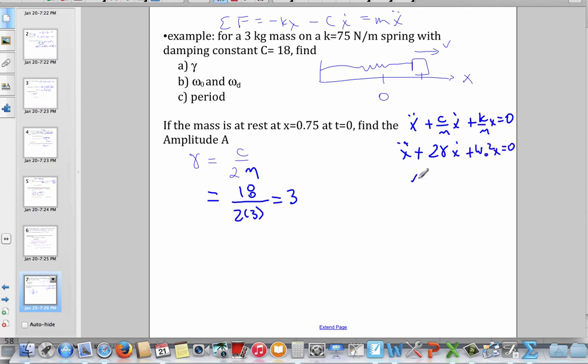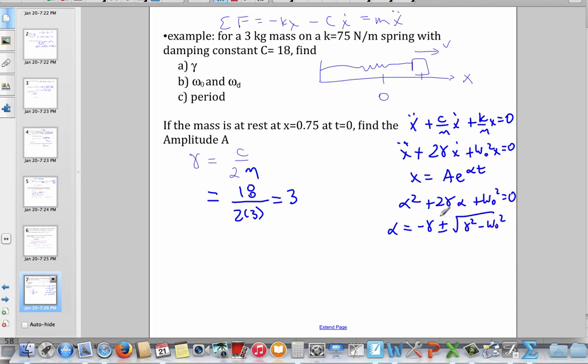Then we tried a function that looked like A e to the alpha t. We got a quadratic for alpha when we differentiated twice. And I know I'm going through this a couple of times, but eventually you'll want to be able to do this derivation, so it's worth repeating. And then for the alpha constant, we got minus gamma plus or minus the square root of gamma squared minus omega naught squared.